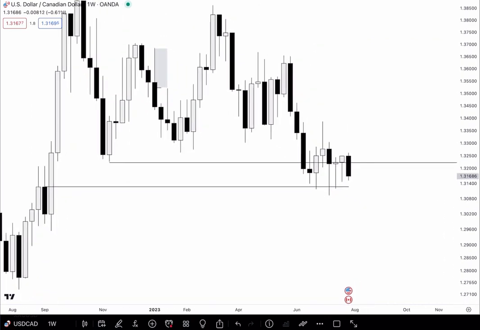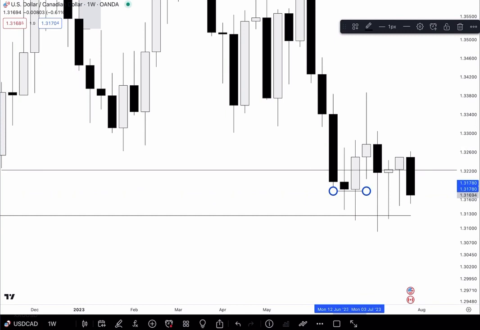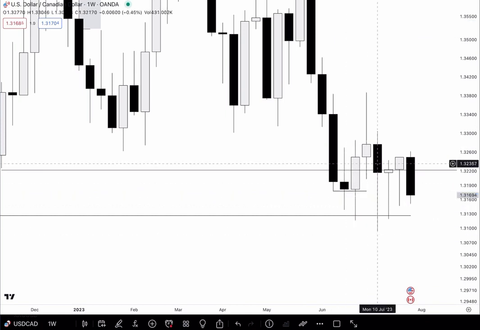So keeping in mind this weekly candle, assuming we don't close below this week's candle, we're going to be looking for buys these 2 weeks until we take out this candle's high.